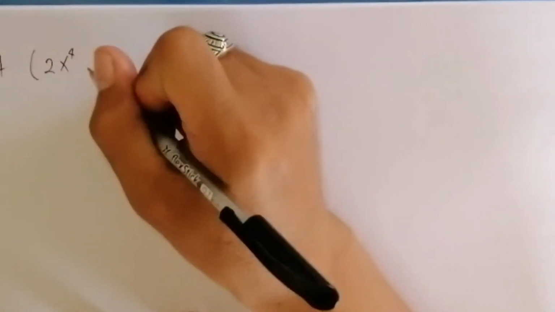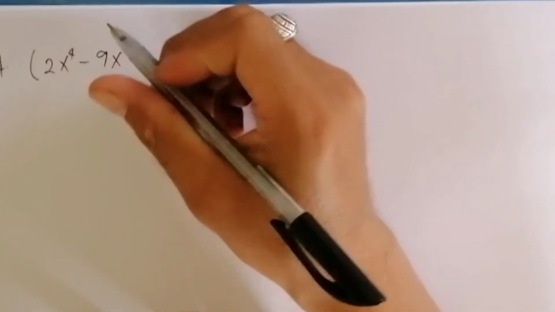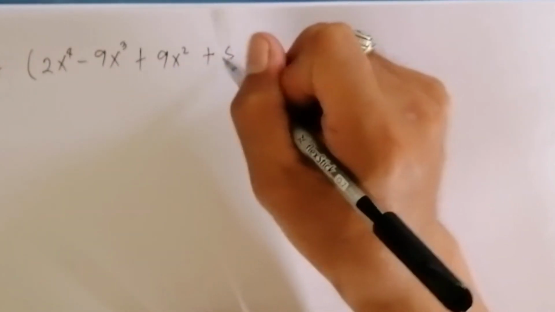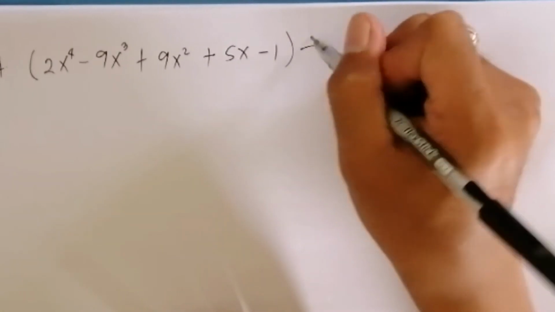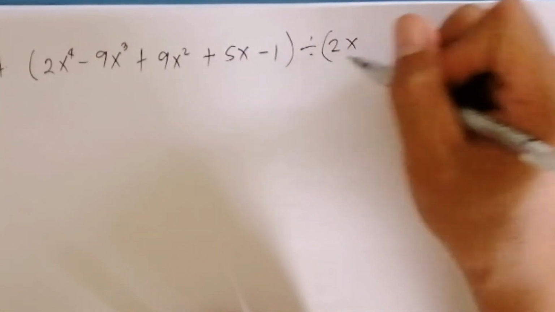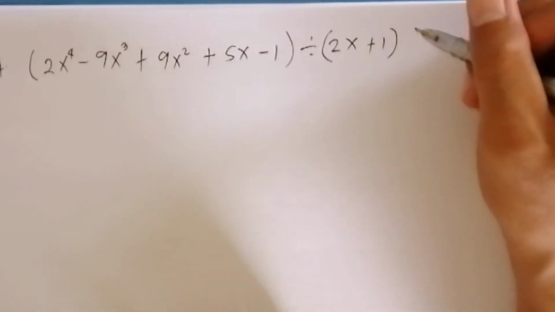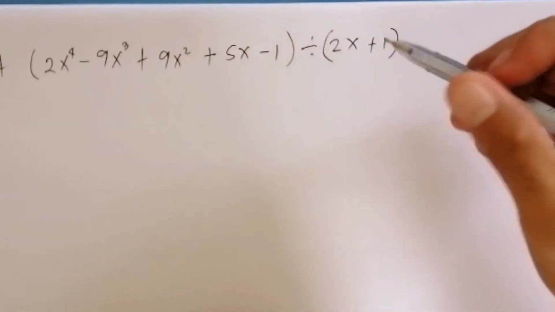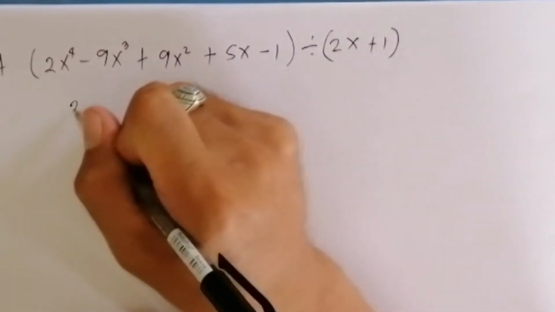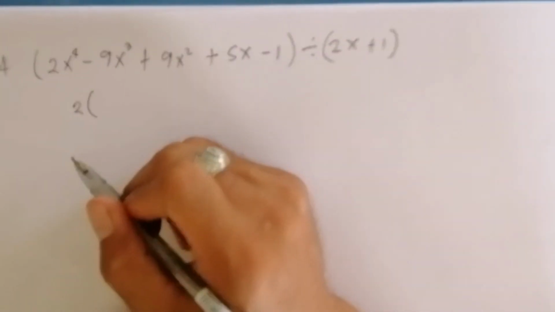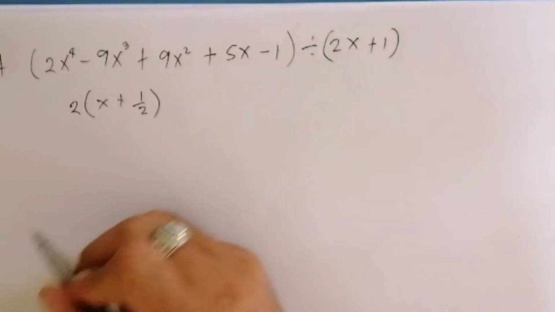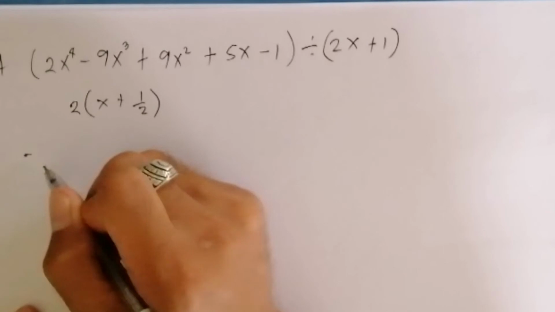We have 2x raised to 4 minus 9x cubed plus 9x squared plus 5x minus 1 divided by 2x plus 1. Okay, again, factor out the divisor. So we have 2 times x plus 1/2, so we have negative 1/2.